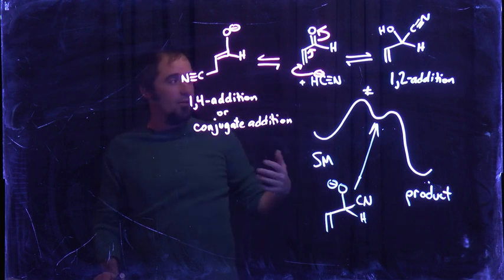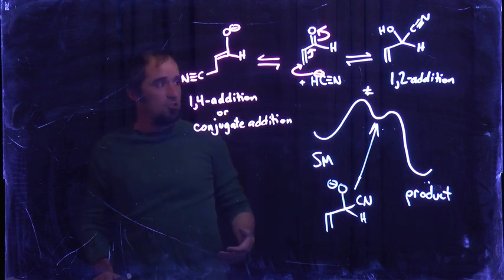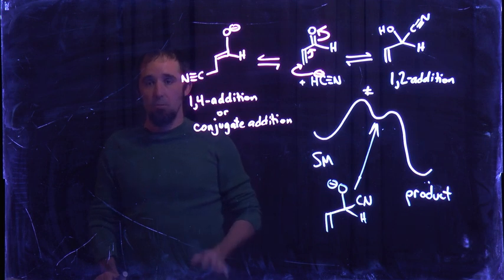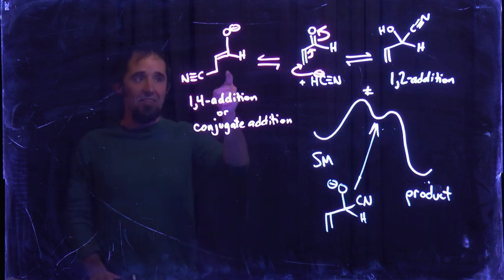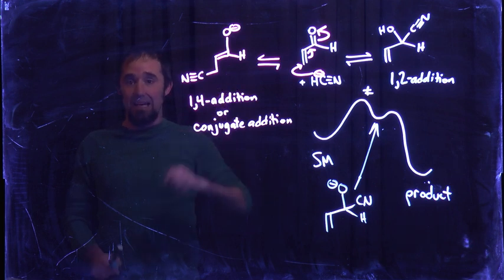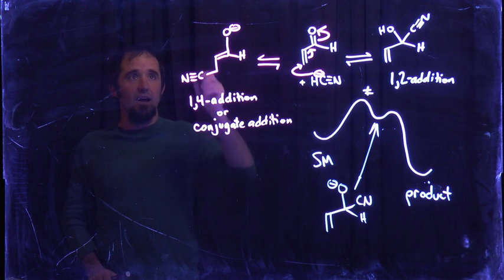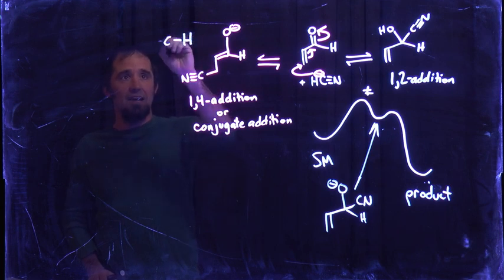So we're going to talk about the competition between 1,2 addition and 1,4 addition. But before I do, let me point out that this isn't stable. Remember what this is? This is an enolate. And we do have acidic protons around from our hydrogen cyanide.